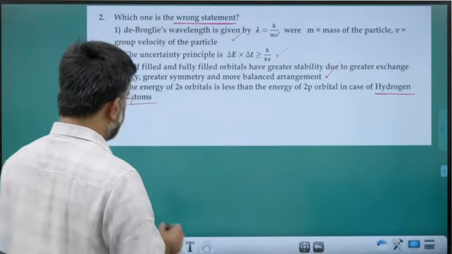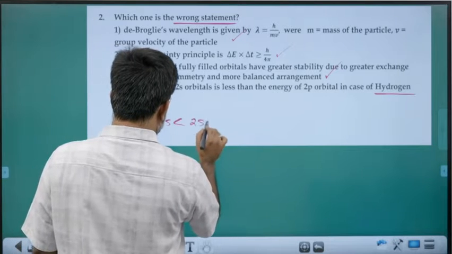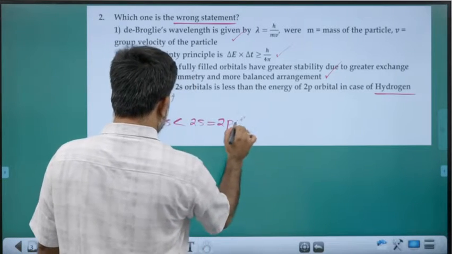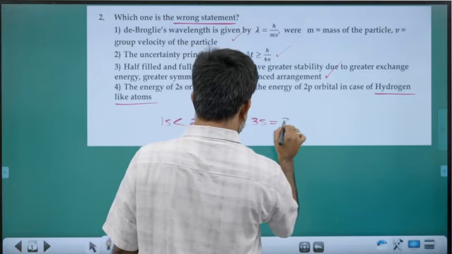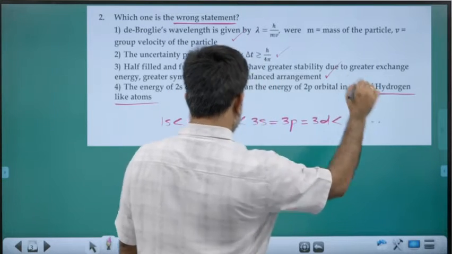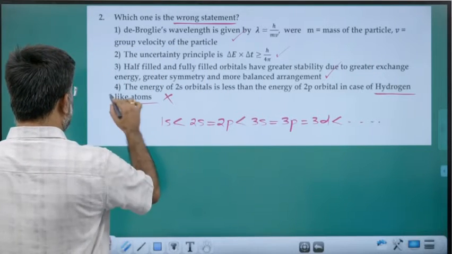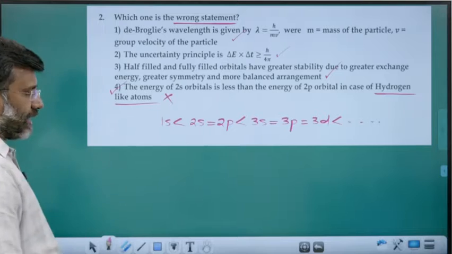So what is the order of energy for hydrogen? 1s, 2s equal to 2p, 3s equal to 3p equal to 3d, and so on. So quite naturally this statement is wrong, and that is the correct answer.